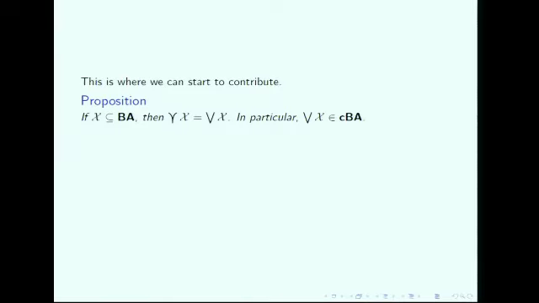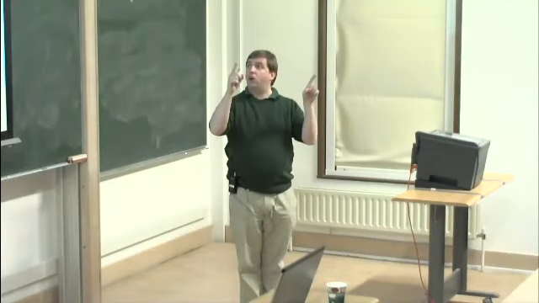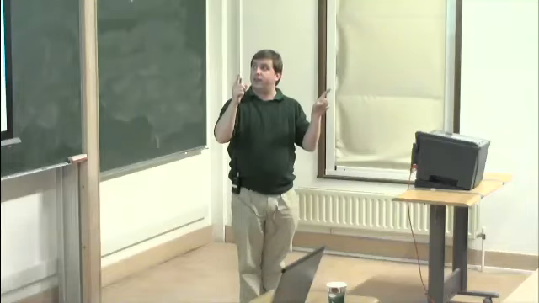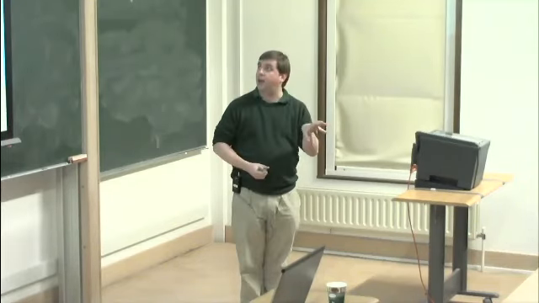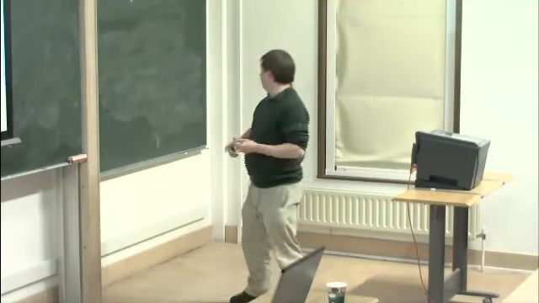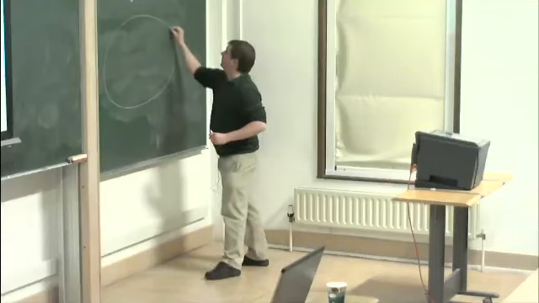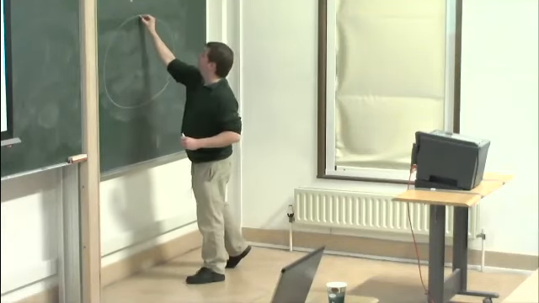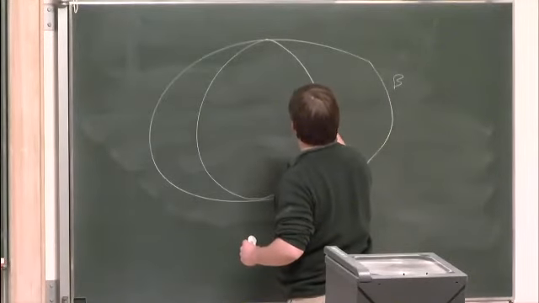So here's what we've been able to show. If you've got a subset X of this smallest sublattice, the Boolean algebra BA, then in fact the join of the elements of X is the same whether you compute it in CBA or whether you compute it in B. So let me draw a picture. We've got our Bousfield lattice. We've got DL.